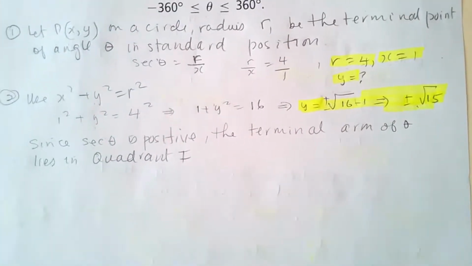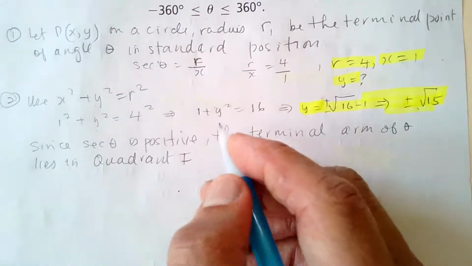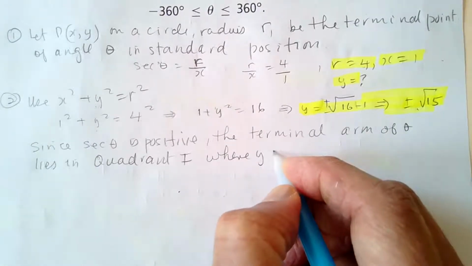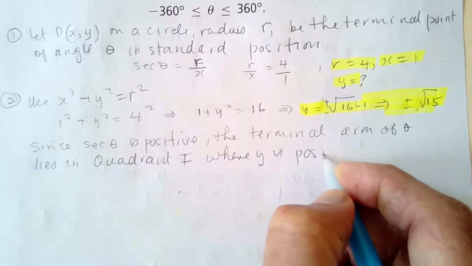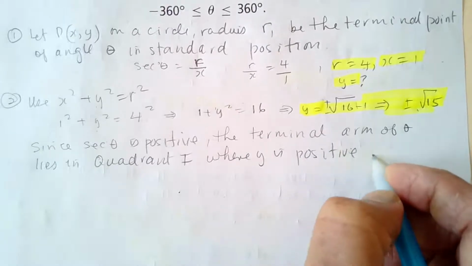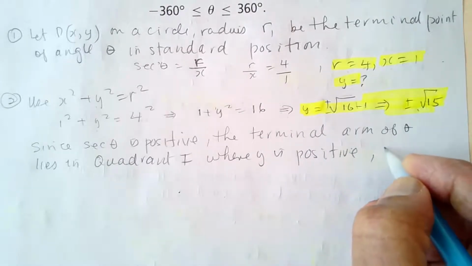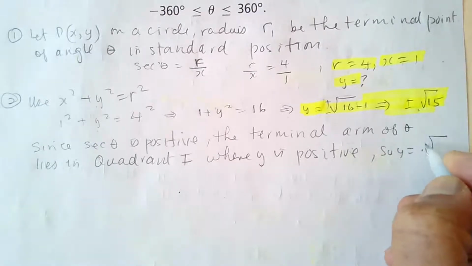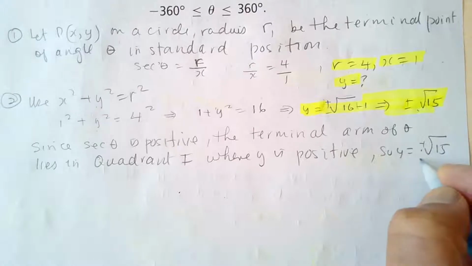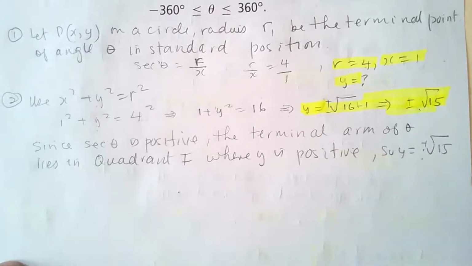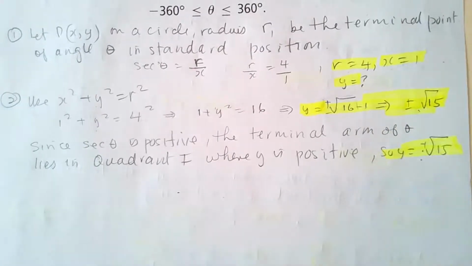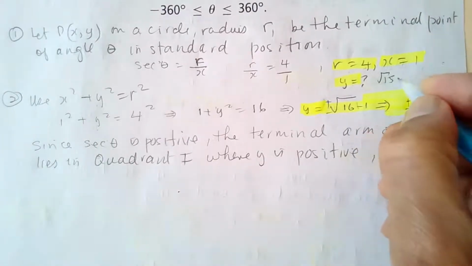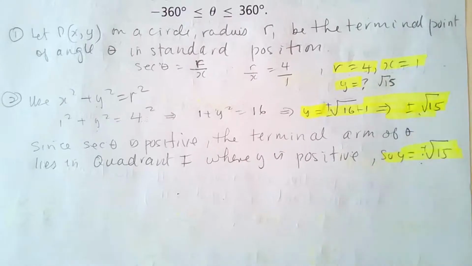But this just confirmed it, right? Just going to be in quadrant 1, where y is positive. So y is equal to plus square root of 15. So we can put that here, square root of 15. That's y.